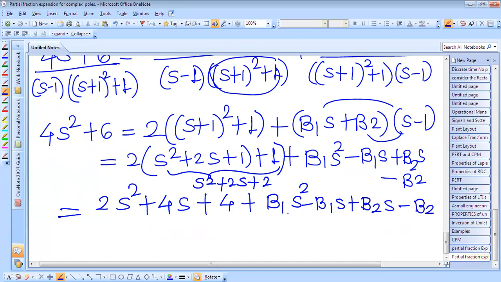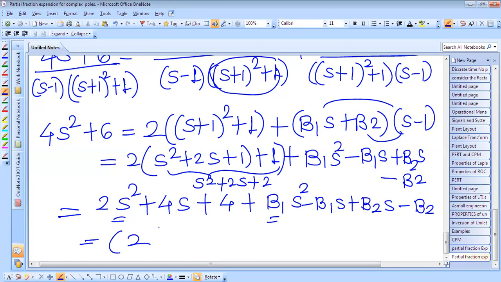Okay, and what will remain there? The s square terms are there. So s square we have to take outside.